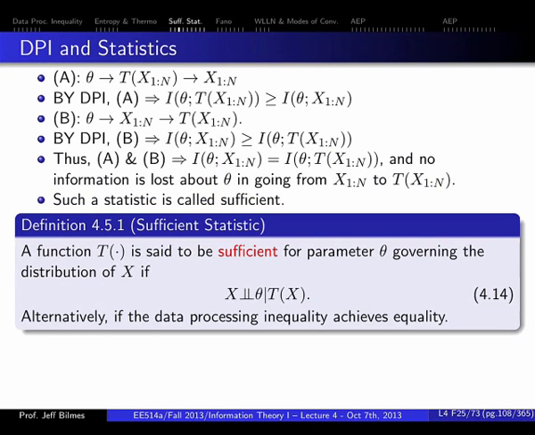So we're saying that T is sufficient for parameter theta governing the distribution F if the statistic renders the sample and the parameter independent when you're conditioning on it. So basically this is just saying that Markov chain A holds. Markov chain B always holds. Right? The definition of sufficiency is that A holds. B is always true.